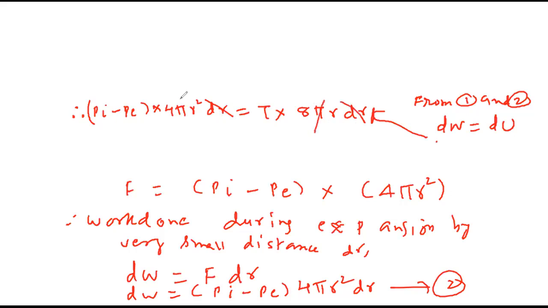Pi I can cancel, one r I can cancel, 4 twos are 8.